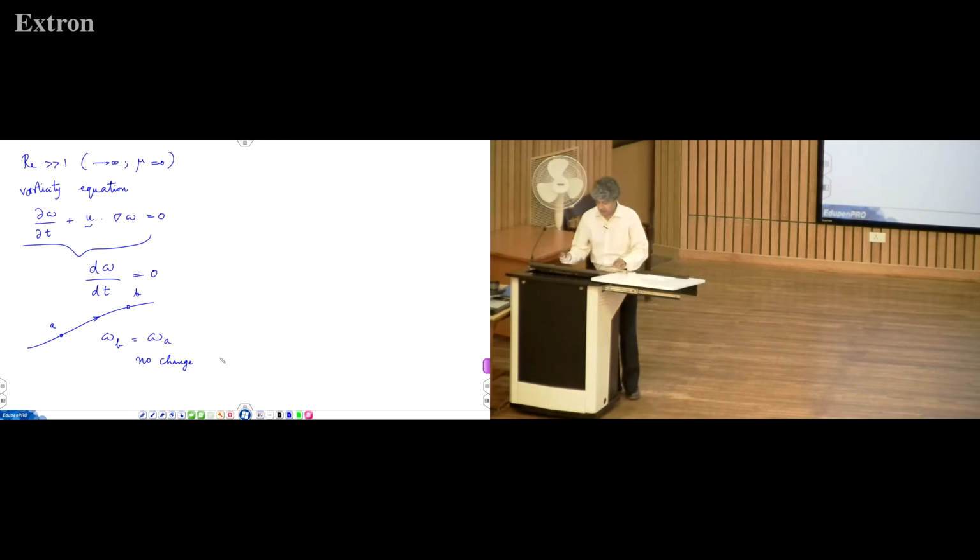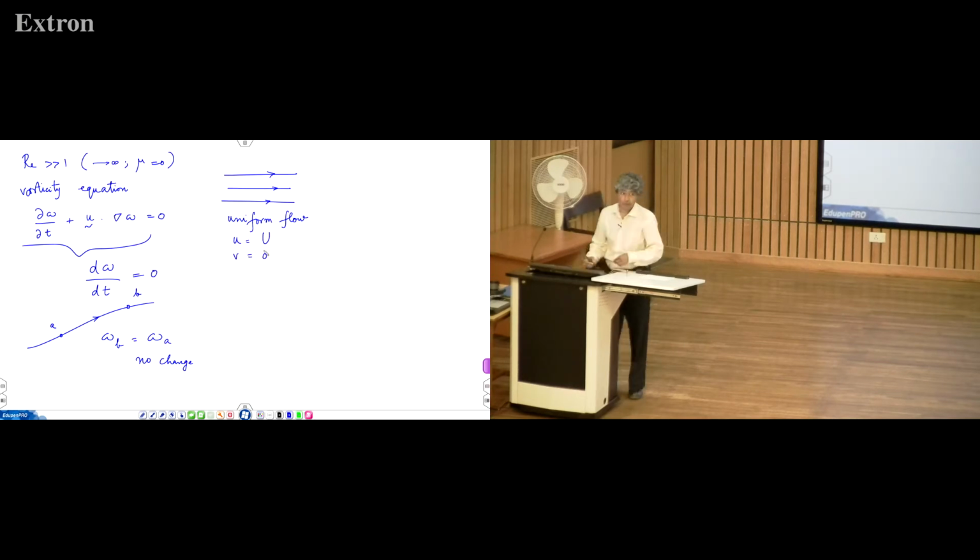Okay, now, let us look at a simplified flow field. Let us say you have a uniform flow field. In a uniform flow field, let us say small u is equal to capital U and small v is equal to 0.